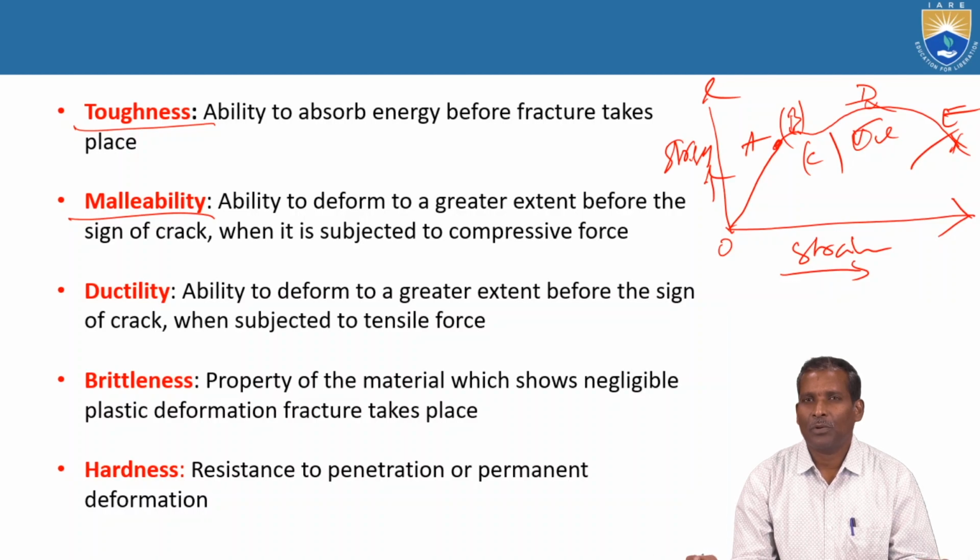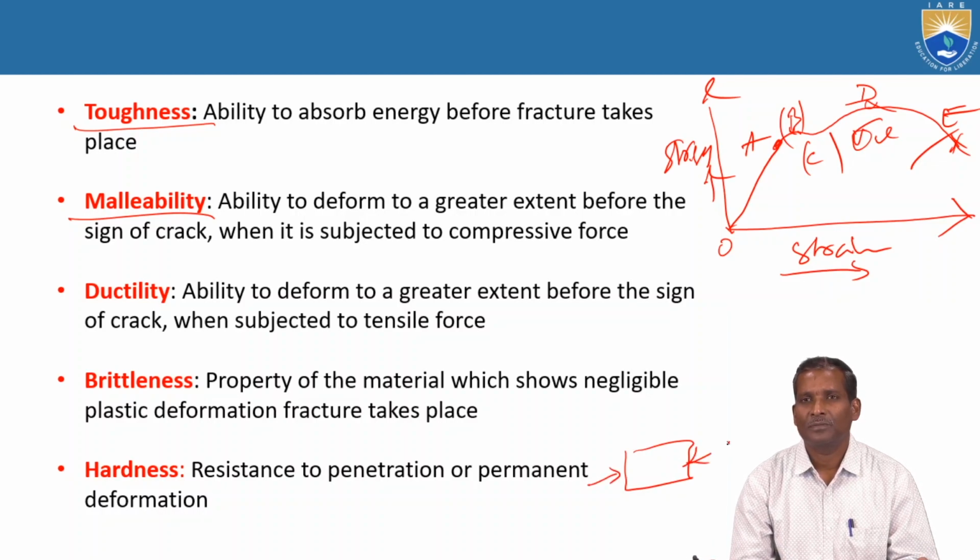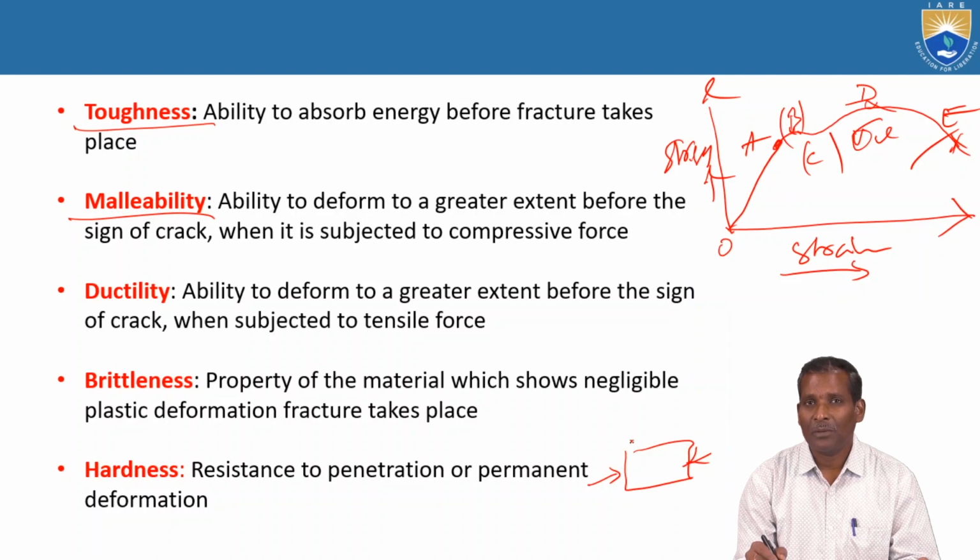So malleability is the property to deform to a greater extent. The material should be extendable without fracture when it is subjected to compressive force. Suppose this object is subjected to compressive force, it should be compressible.